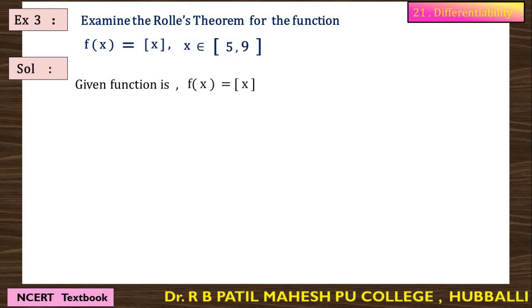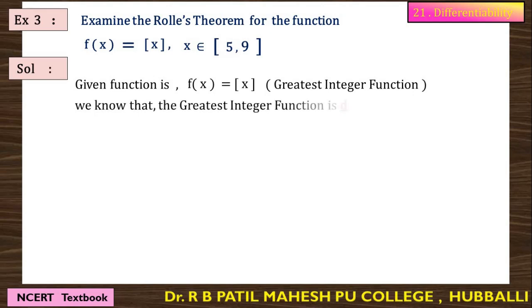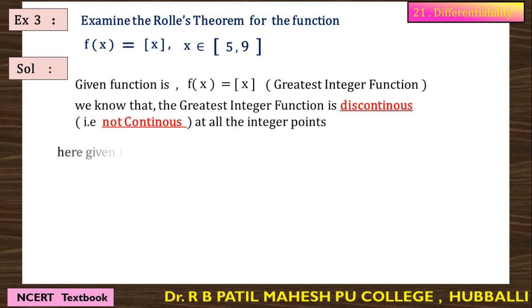So in continuity topic you learned that the greatest integer function is discontinuous at every integer number. Once again I repeat, the greatest integer function is discontinuous, that is not continuous, at every integer number.